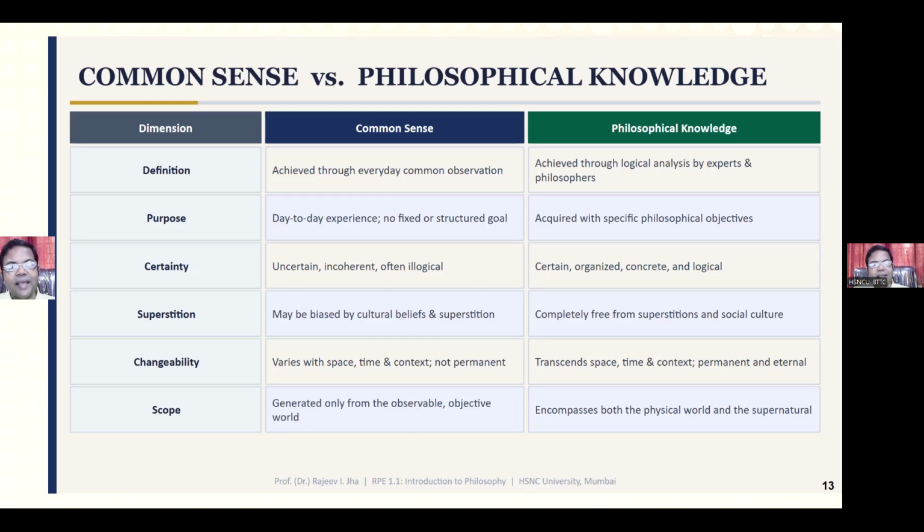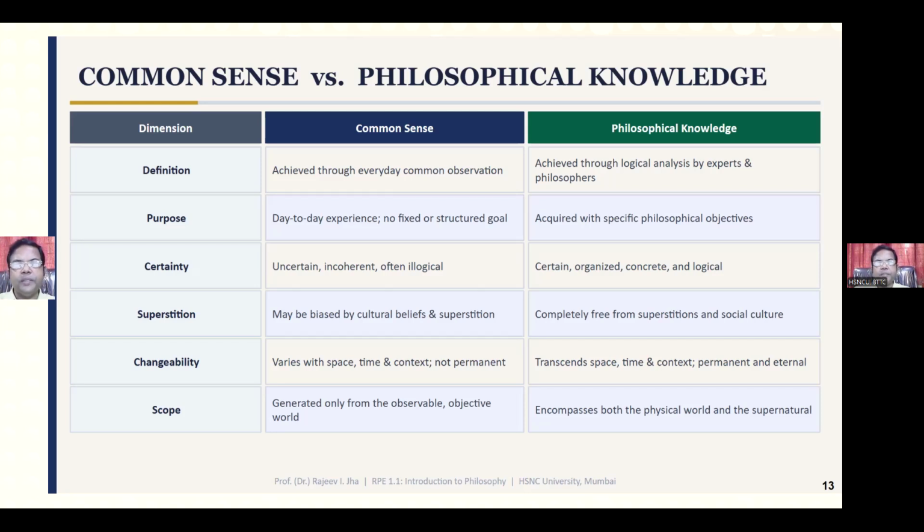Because common sense psychology has never been examined philosophically. Behavioral economics, the work of Kahneman and Tversky, arose precisely from asking the philosophical question, what do we actually mean by rational choice?